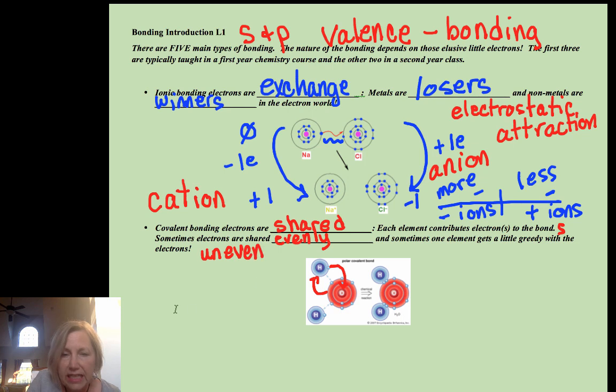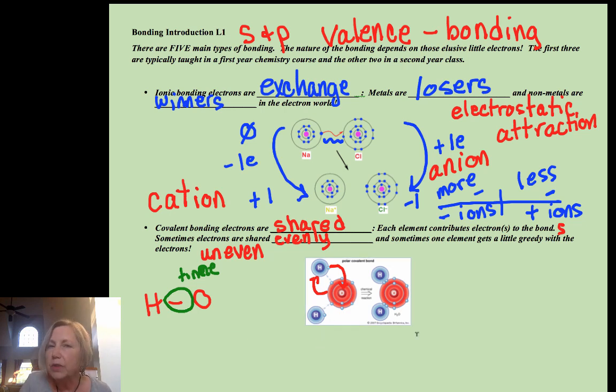So in uneven sharing, an example is the bond between hydrogen and oxygen in water. In this case, oxygen has a greater attraction for those electrons, and so they spend a little more time, if I could draw an image of the average time spent, they spend a little more time on the oxygen, but they're not totally donated to the oxygen.